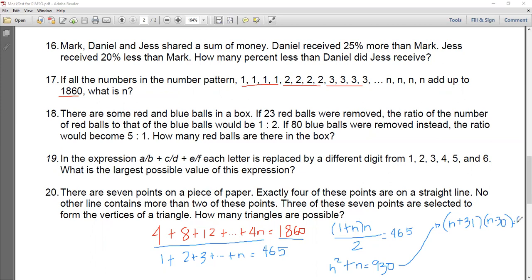So very obvious that the value of n is actually 30, not negative 31. So the value of n in this item number 17 is 30.